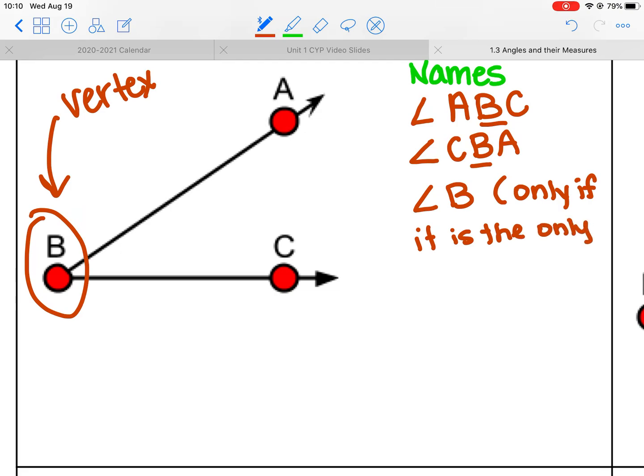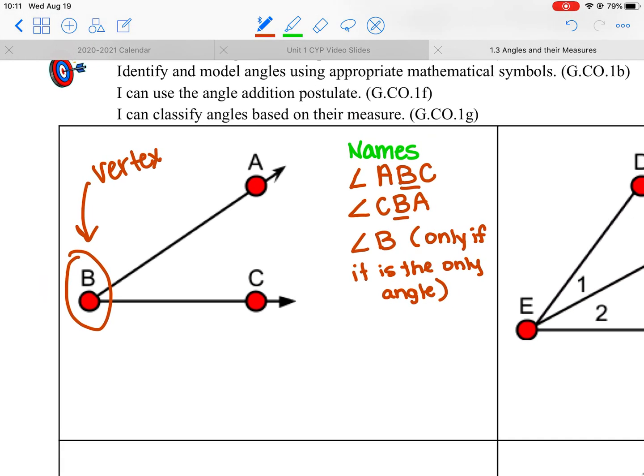And in the next example, we'll see what that means. Whenever I'm talking about an angle, I mean less than 180 degrees. So I'm not really counting the one that is on the exterior. I'm talking about what is in between the two rays.